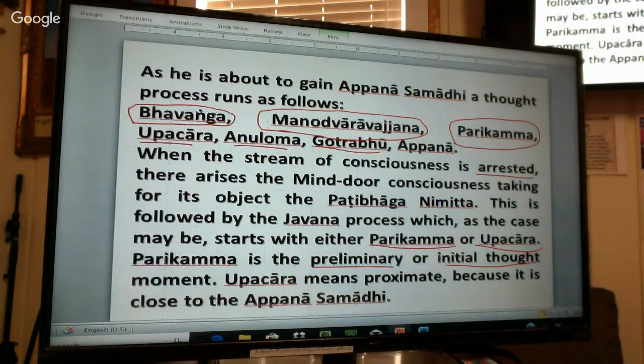Before the absorption stage, that kind of mind makes a preparation for that process. We call it parikamma citta. And then upachara, upachara citta also. Upachara means proximate. Proximate means here very close to the appana, absorption concentration power.